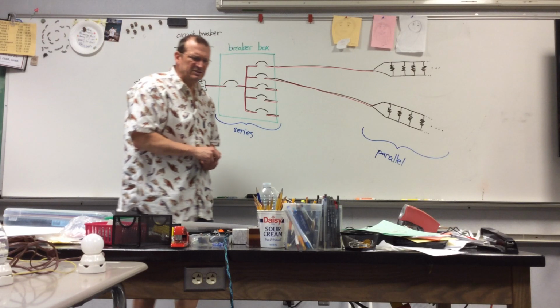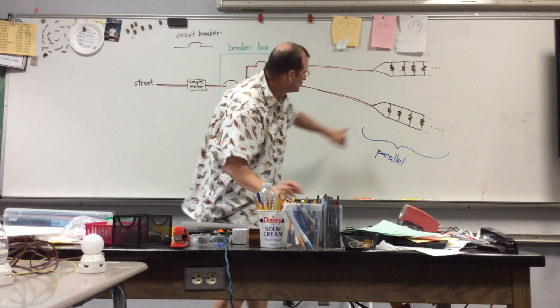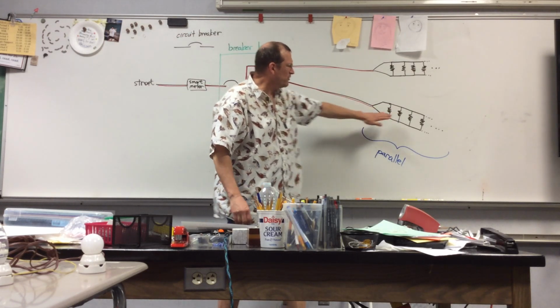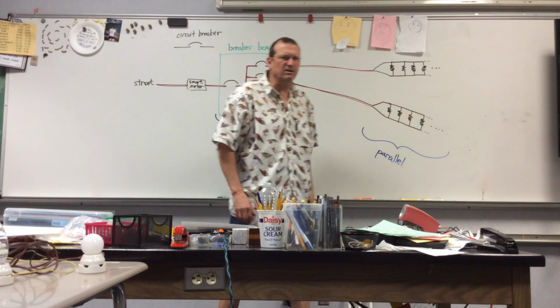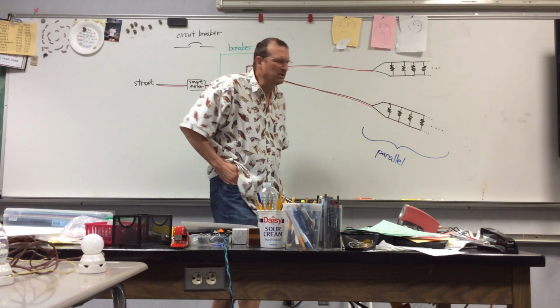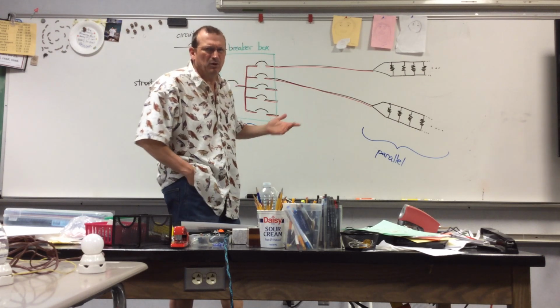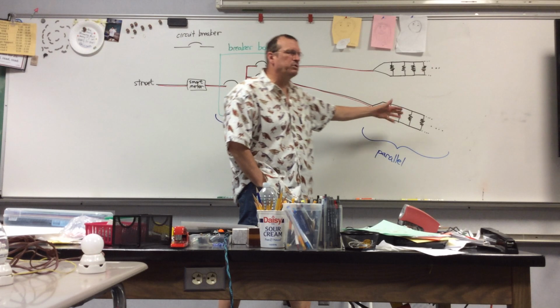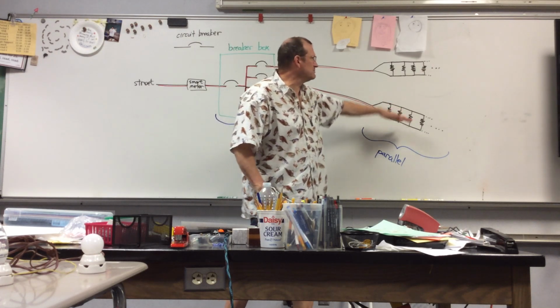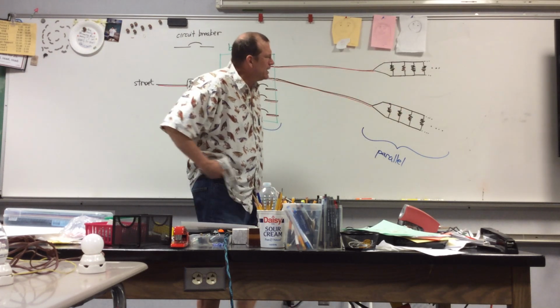Now remember, when things are in parallel, you have multiple pathways. So for example, if one of these is a light bulb and it burns out, that means everything else can still function, electrically speaking. So when a light bulb goes out, it doesn't mean your plugs go out. Or if something that's plugged into a plug goes out, it doesn't mean the light bulbs go out.